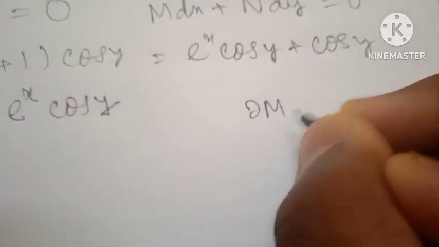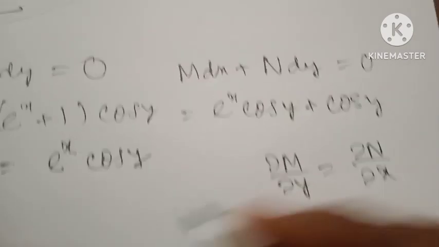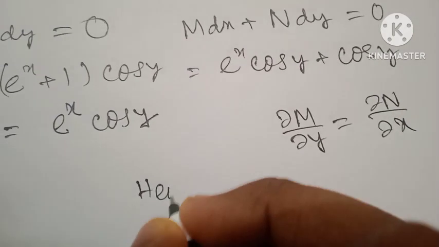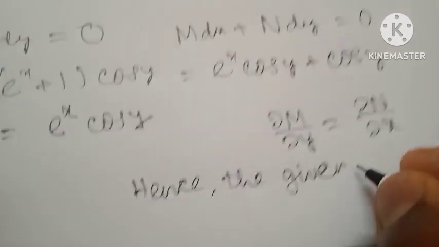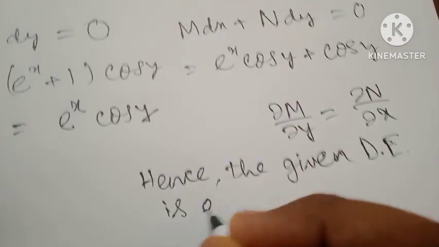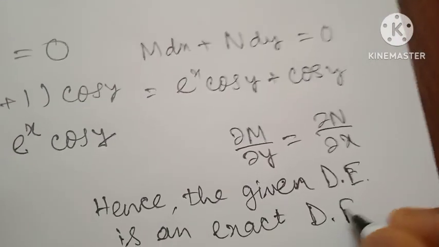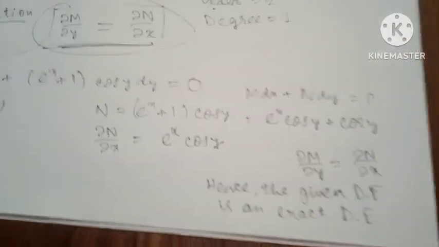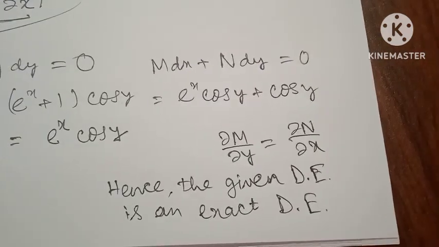So we can see that delta M by delta y equals delta N by delta x. Hence, the given differential equation is an exact differential equation.